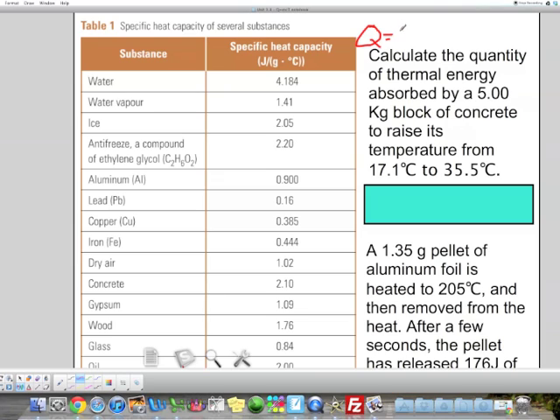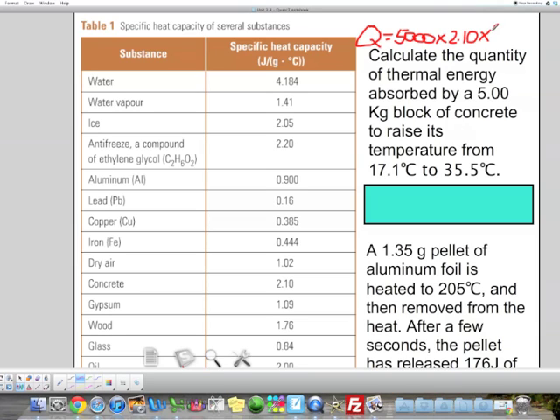So 5 kilograms becomes 5,000 grams times the specific heat capacity of concrete, which is 2.10. If you look on the table on the left, you'll see concrete at 2.10, times delta T, 17.1 to 35.5.